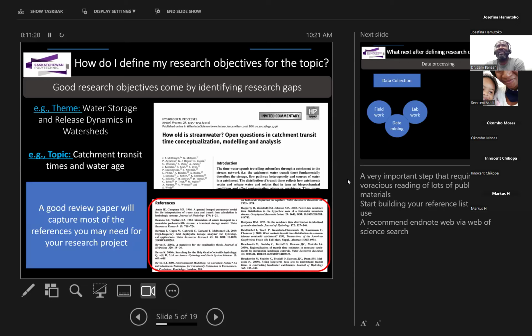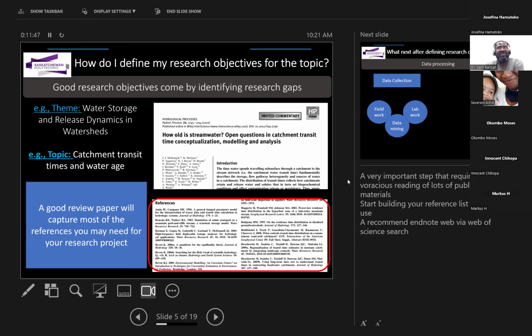So it is from this review paper that you come out with your reference list. At the end of this review paper, you see the reference list over there, right? A very good review paper will capture a lot of the references that you need to be focused on in acquiring the research objectives you want.